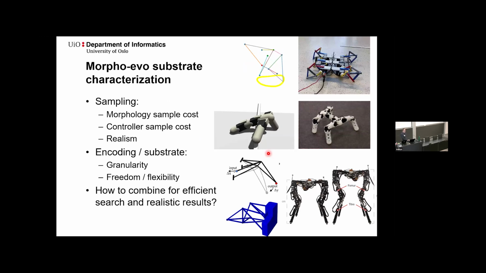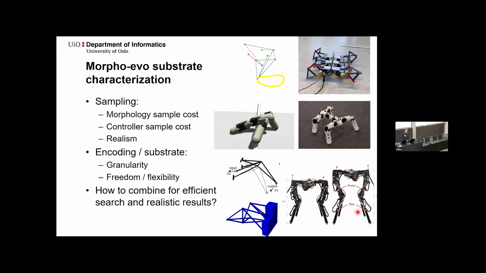So trying to think a little bit then about these different platforms. They have some different properties in a way. Some of them are very easy and fast to simulate, like this one or this one. Thinking about how long it takes to build a Lego robot, well, maybe it's medium time, whereas a 3D printed robot may take more time.